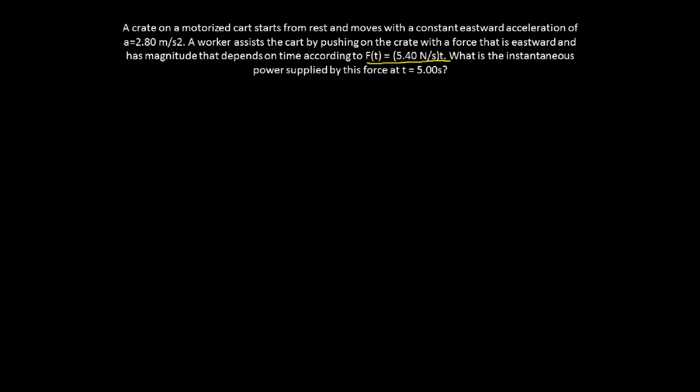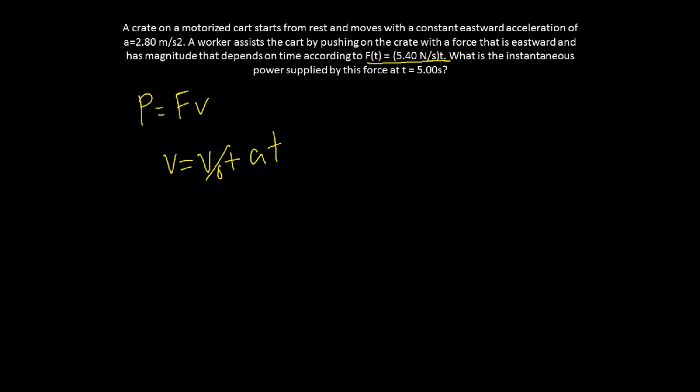Notice that we have the value for v naught, the acceleration, and the time. What we don't have is the final velocity, to fit with this formula. P equals Fv. So to solve for v using the values given, we use a kinematic equation: v equals v naught plus at.